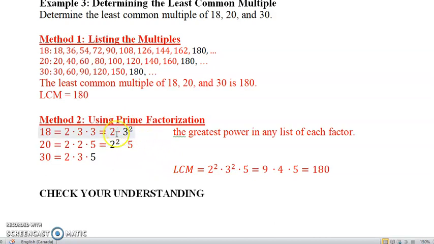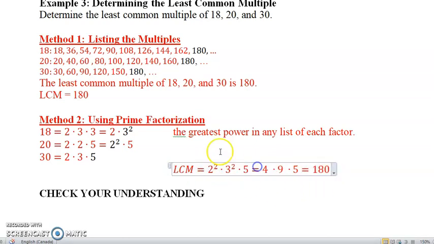So here we had a 2, and a 2 squared, so we take the 2 squared. We had a 3 squared, and we just had a 3, so we take the highest exponent, which is 3 squared. And then we had a 5 in this list or this list. So you could have taken it from here or here, but the greatest exponent is 5. Which would equal 4 times 9 times 5, which is 180 as well.